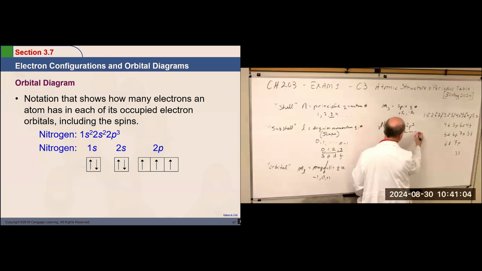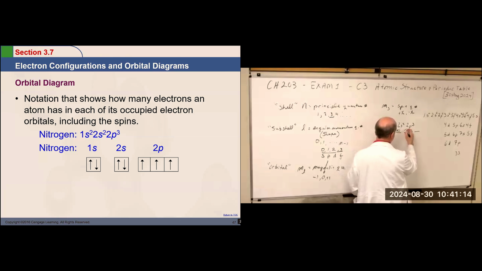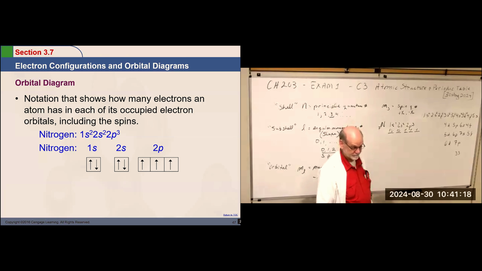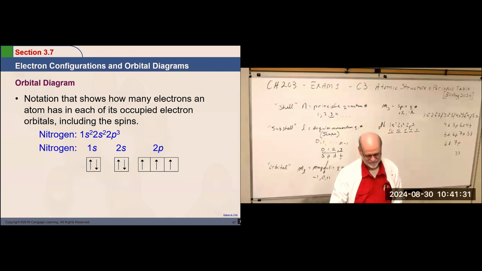P's can have 3 in them, right? -1, 0, +1. This would be up, down. Up, down. This would be 1, 2, 3. All 3 are up, or +1/2. Okay. To obey Hund's rule, we got to fill these up first before we can go further.